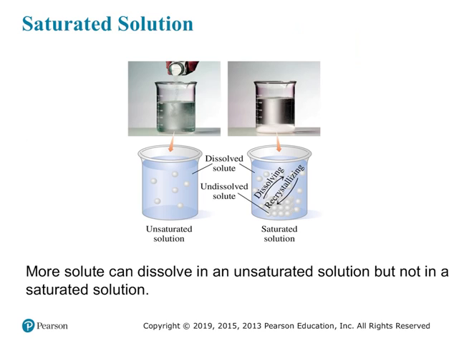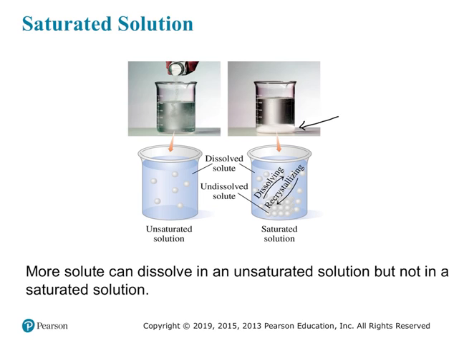So this is a better picture of what's going on. Let's say initially we have an unsaturated solution, so we're adding sugar or salt or something to our water. But then at a certain point we hit the maximum amount of solute that can dissolve. So that's our saturated solution. We might see some of the solute settled at the bottom of the beaker because there's just not enough water to dissolve all of that solute.